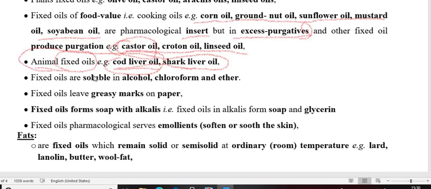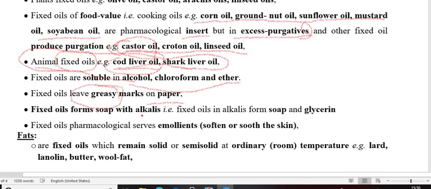These are the two animal fixed oils. Fixed oils are usually soluble in alcohol, chloroform, and ether, and they leave a stain or greasiness and mark the paper. And fixed oil with alkali forms soap. We already discussed this.